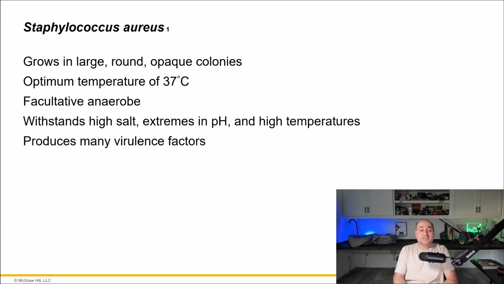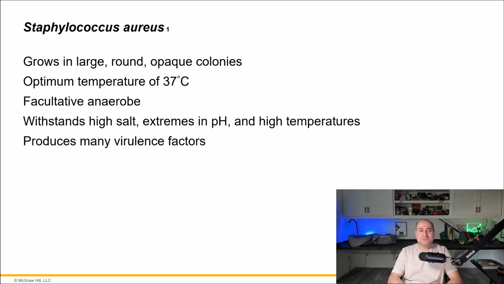They can withstand high salt. That's why they can grow on your skin. Remember, your skin is salty, so they can withstand high salt. They are halophiles. They also can withstand pH differences. Remember, your skin is also somewhat acidic, so they can withstand that, and they can withstand somewhat high temperatures.